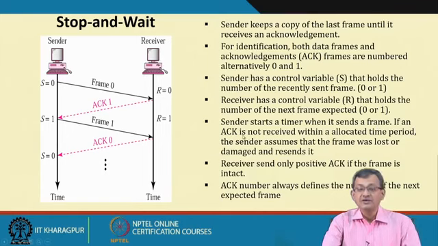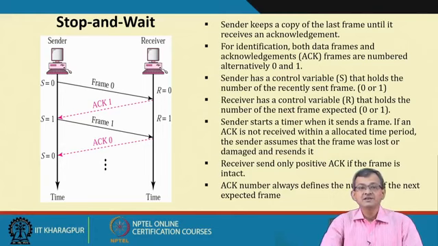If an acknowledgement is not received within an allocated time period, or within a threshold period, or within the timeout period, the sender assumes that the frame was lost or damaged and resends it, right. The receiver sends only a positive acknowledgement if the frame is intact. The acknowledgement number always defines the number of the next expected frame, right.